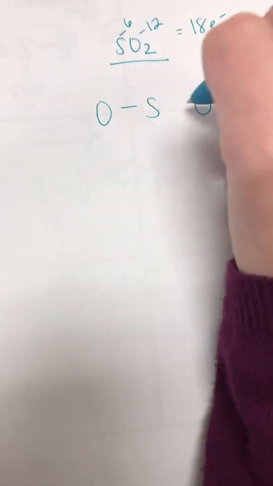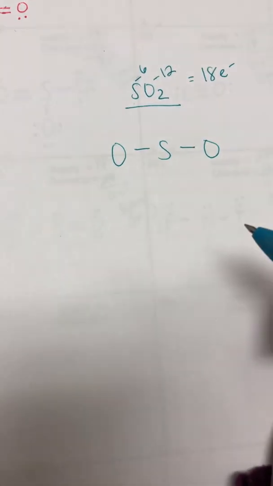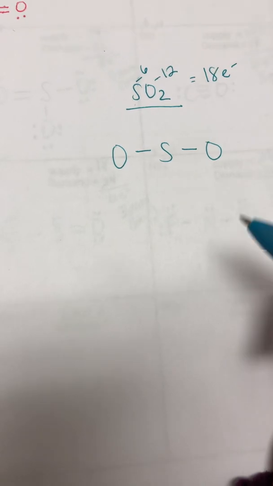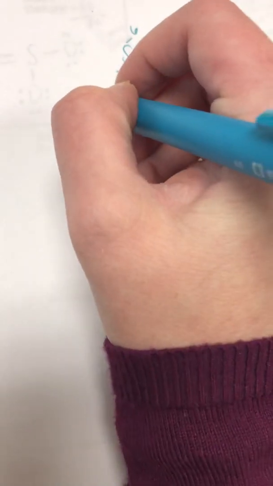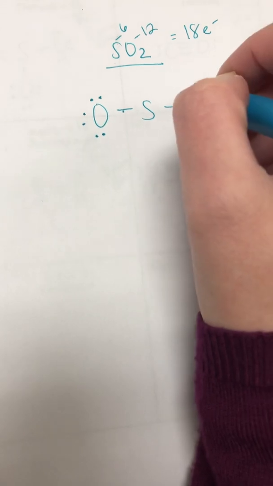Okay, so I know that they have to have at least the one bond here holding them together. So I'm just going to start filling in till I get to 18. Then I have to stop. So here's 2 and 4, 6, 8, 10, 12, 14, 16, 18.